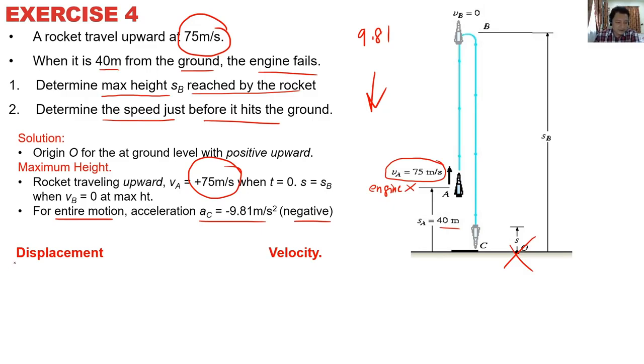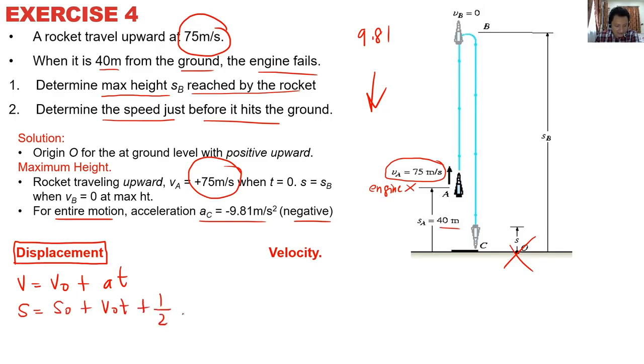So number 1, we need to find the displacement. What equation can we use? We can use V is equal to V naught plus AT. Second equation, S is equal to S naught plus V naught T plus half AT squared.